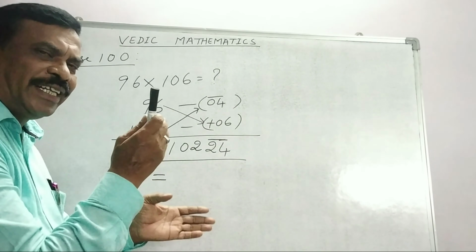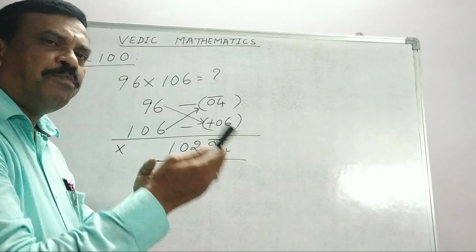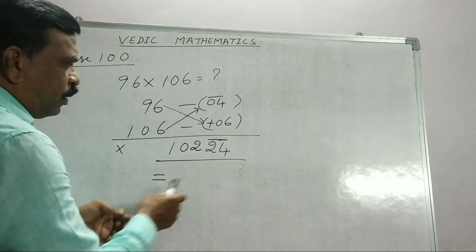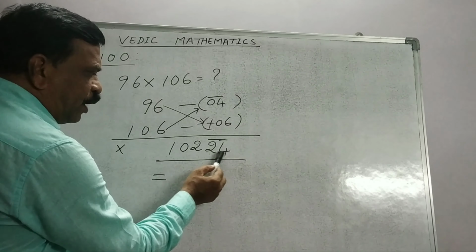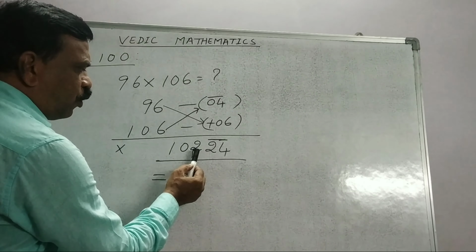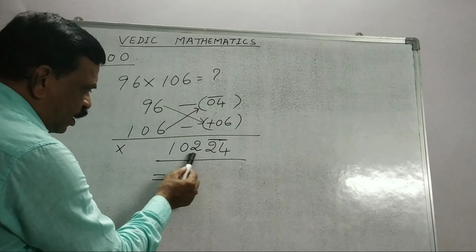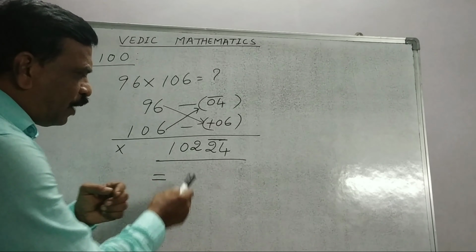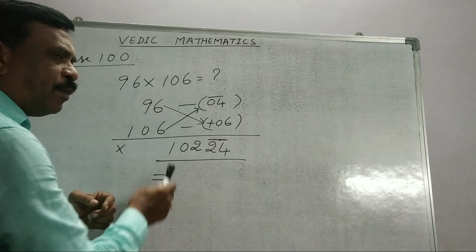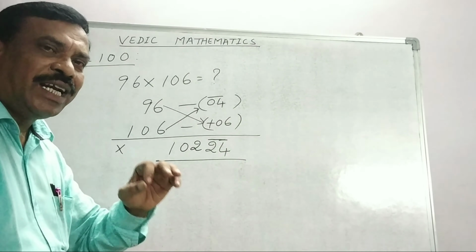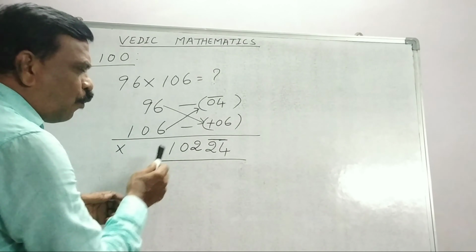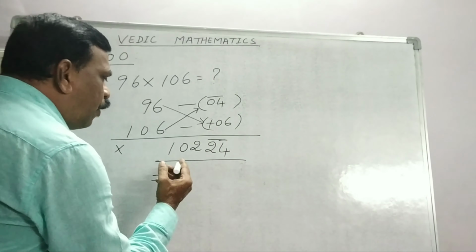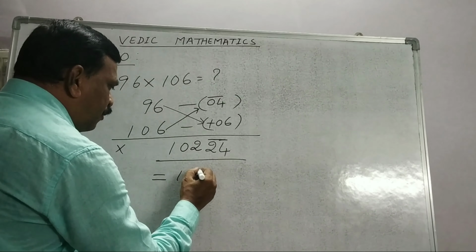That means we are changing a negative number into a positive number. Now see, 24 is the negative number here. Just before 24 we have 2 here. But if you consider this whole number, it is 102. So whatever number is here, you reduce it by 1 less. So 102 will become 101. So this is our left side answer.